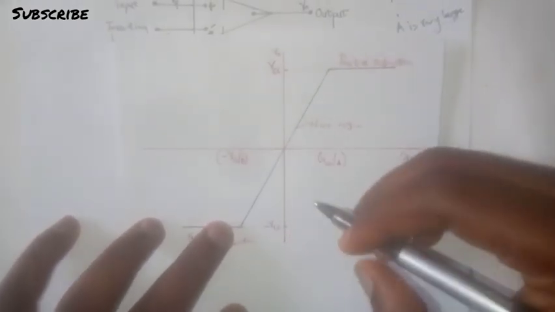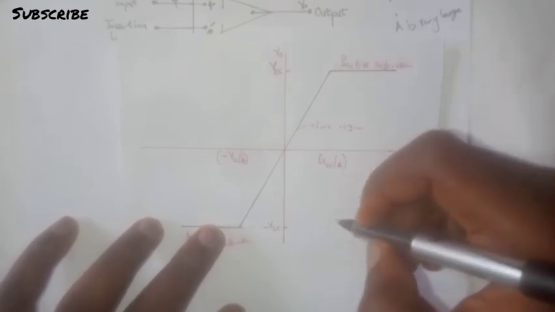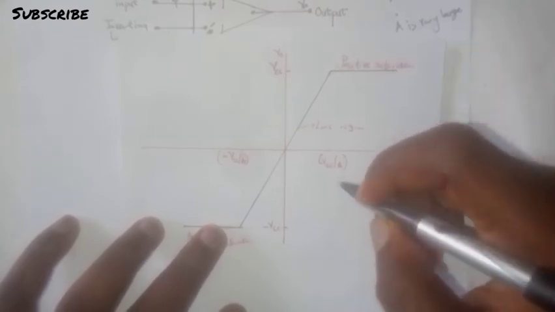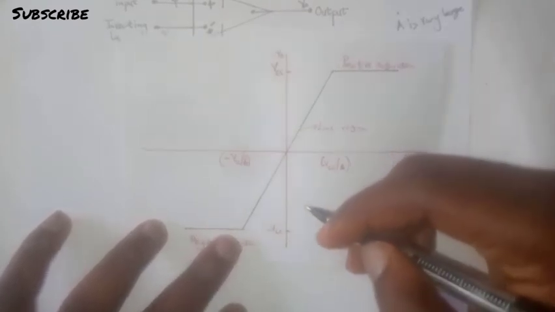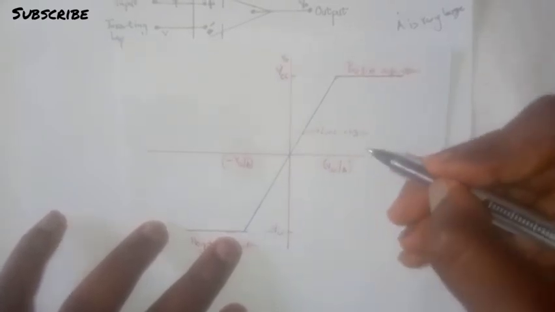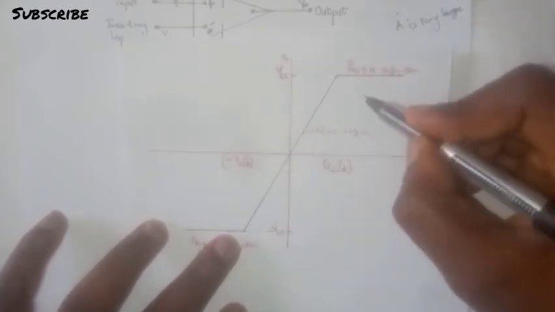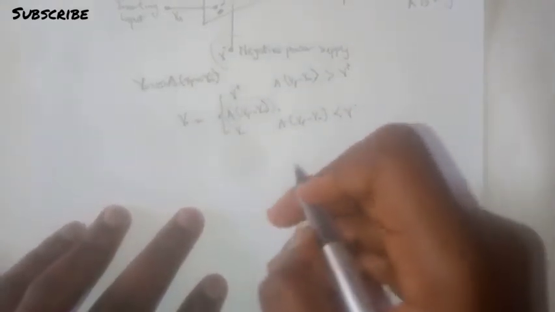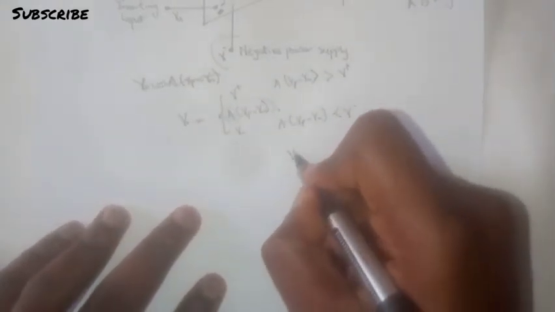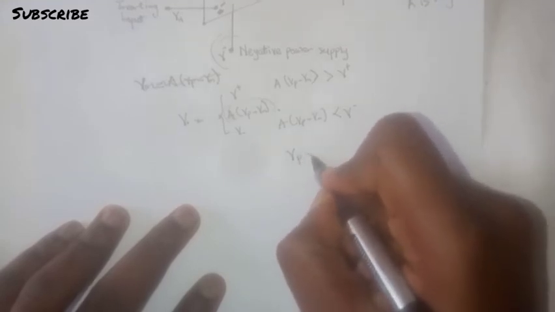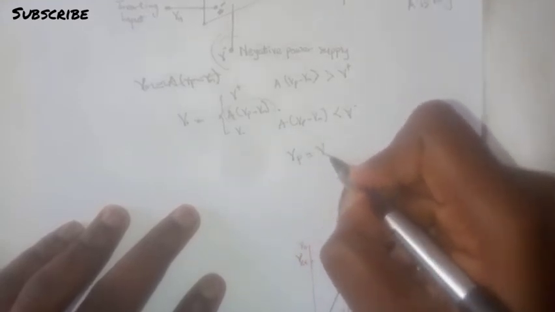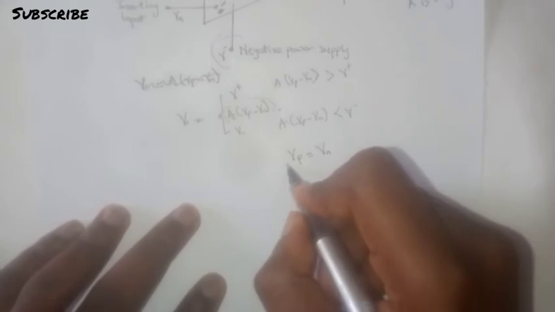And in order to keep it in this linear region, we have to establish certain constraints. The first constraint, since A is infinite, is that we assume at all times that Vp is equal to Vn. Now that is in an ideal operational amplifier.